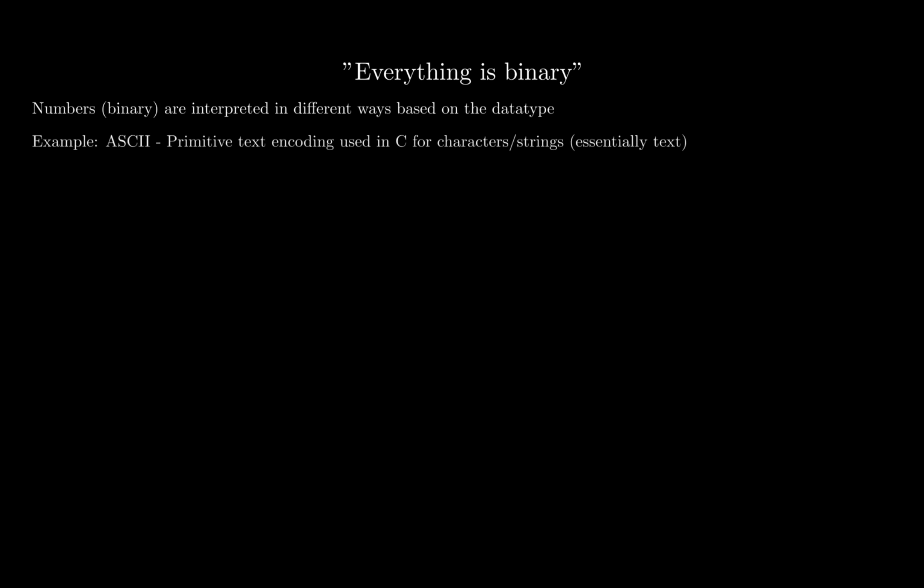For example, let's take ASCII, which is used to store characters in C and also strings by extension. ASCII is just one of the earliest text encoding formats, and it just said this number is going to map to this specific character. So 65 would be capital A, and 66 would be capital B, and so on.